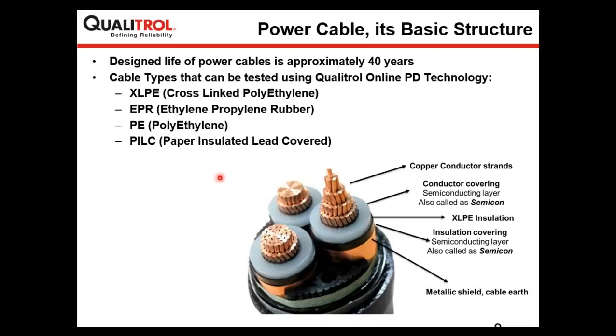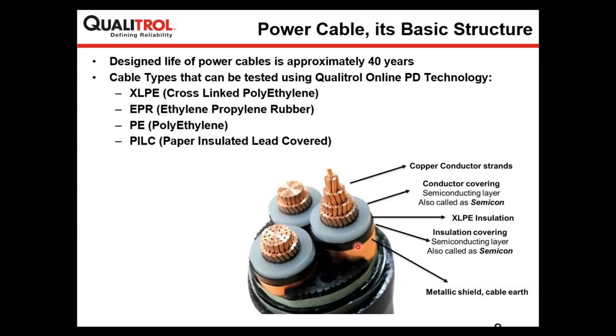Here we are showing the structure of the power cable, where you have conductor strands in the middle. Over the conductor you have semiconducting layers and the insulation. Then you have the metallic sheath. This metallic sheath is normally grounded, or it is grounded using SVL at the termination point.